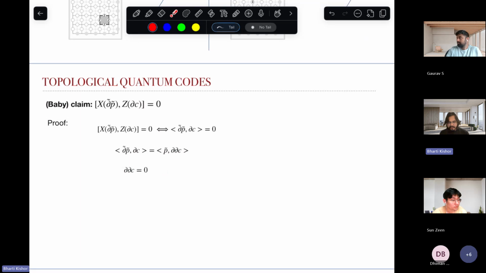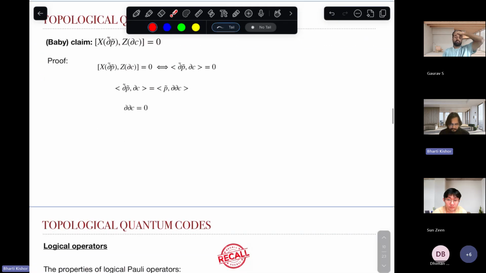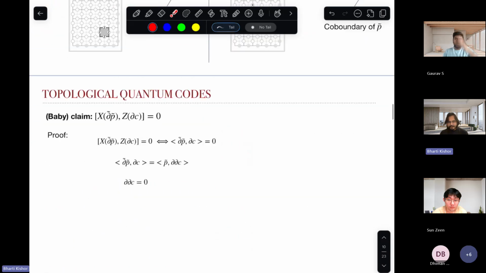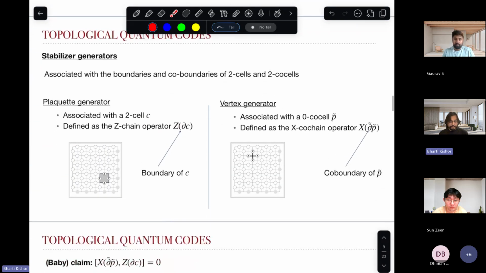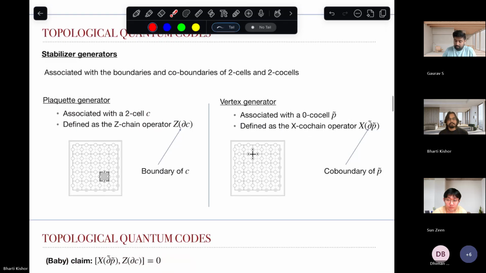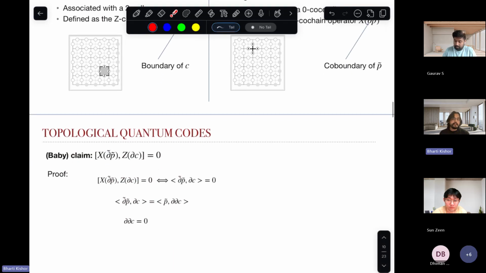So it's P tilde inner product with 0, which is actually 0. I hope you can appreciate that this is quite powerful. So we could prove that they are indeed stabilizer generators. Here we are talking about a particular lattice, but you can take general lattices, and almost a similar kind of argument will follow.